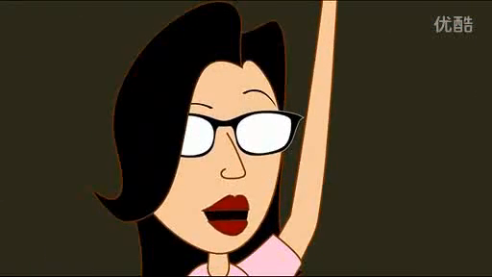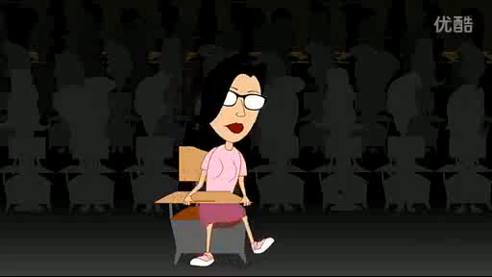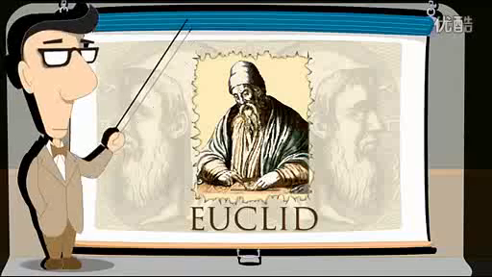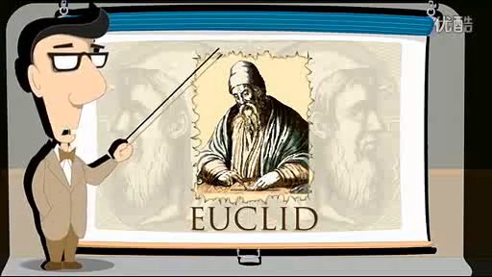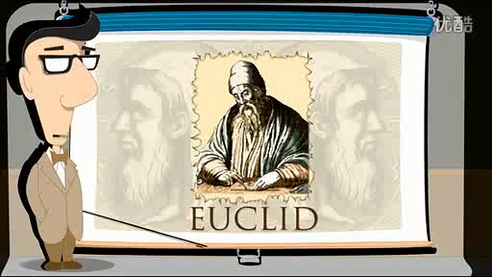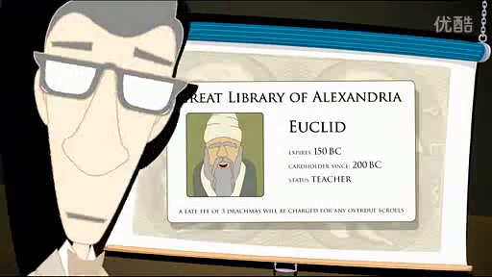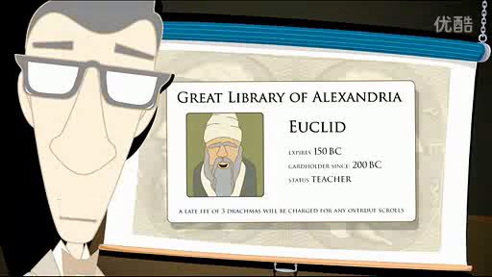Oh, Professor! Adrian Scienstein, do you have a question? Yes, Professor. Who exactly was this Greek eucalyptus fellow? And was he cute? Well, Adrian, we don't know much about Euclid except that he lived about 300 BC during the Greek Hellenistic period and spent a lot of time at the Great Library at Alexandria, Egypt.